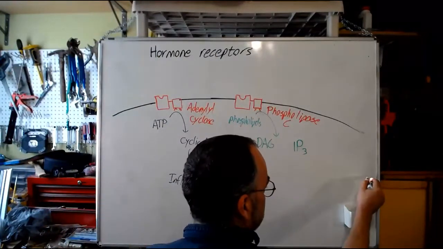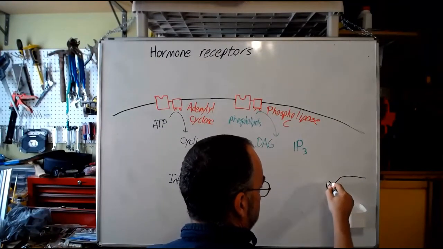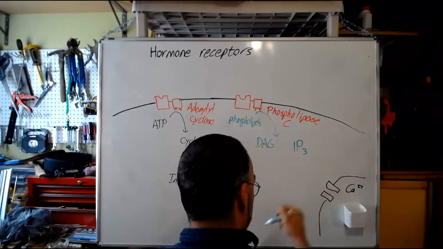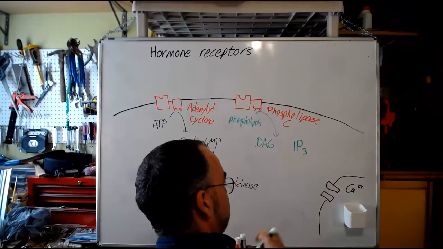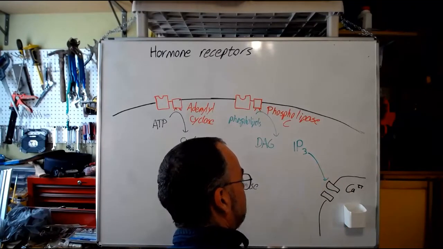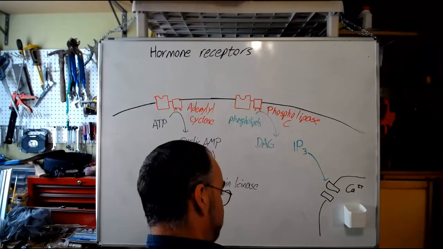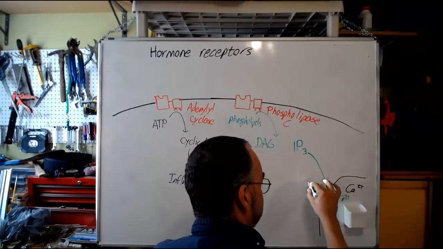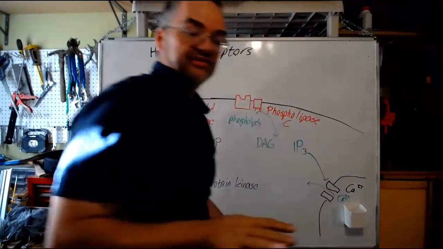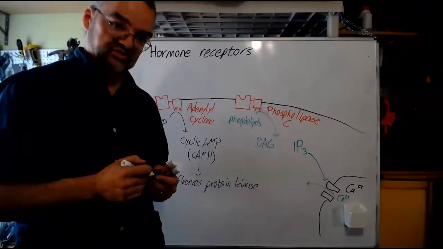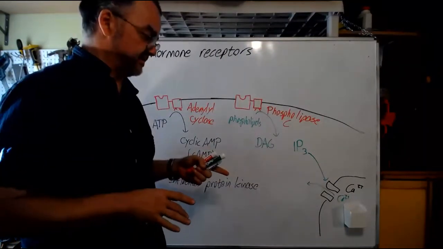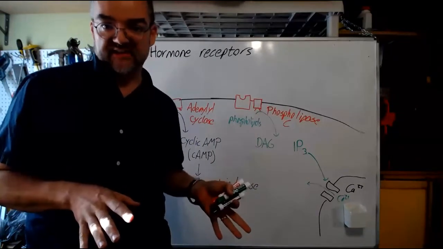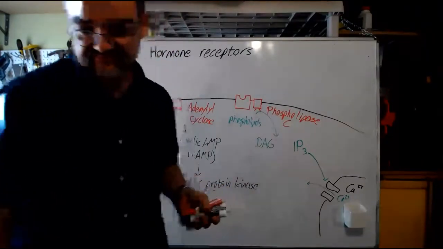IP3 usually works by opening calcium channels deeper in the cell. So IP3 usually causes calcium release. It'll let calcium out into the cell from internal storage. We've seen some of that before, which then activates calcium-sensitive machinery within the cell.